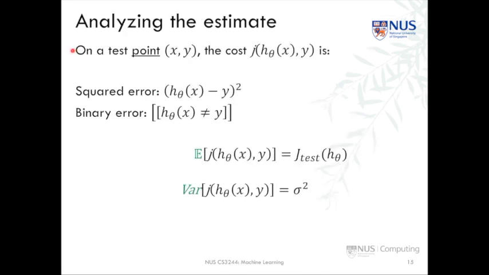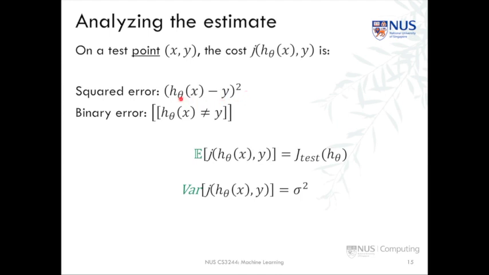Let's pretend that we can draw a new point from the test distribution, which should be the same as the training distribution. We're going to pull this test point out, x, y, and note its cost. It's going to be a unit cost in the case of binary error, either 0 or 1, or some squared error cost if we're talking about regression.